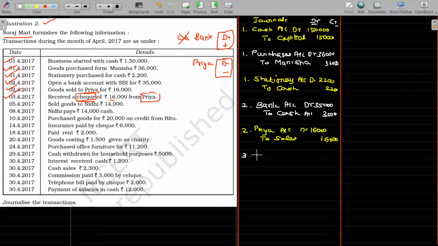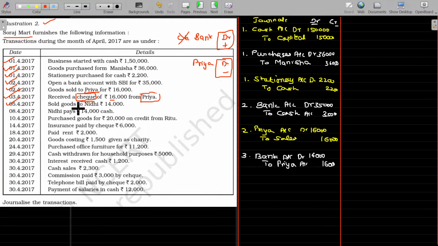So 3rd, the entry being debiting the bank account. So bank account debit to Priya account, this value being 16,000.